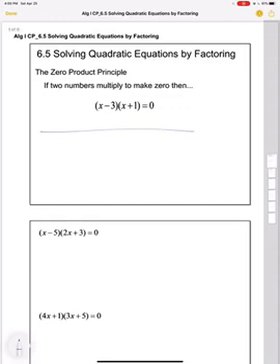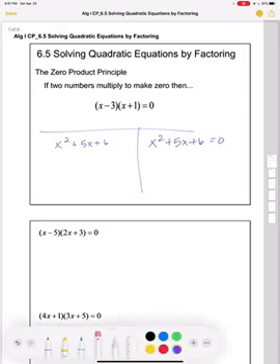So I'm just going to write on here and then I'll erase it. If I have x squared plus 5x plus 6, that's just a factoring problem. But if I have x squared plus 5x plus 6 equals 0, now you can actually tell me what numbers x can be. So that's kind of cool. That's the main difference you need to remember.